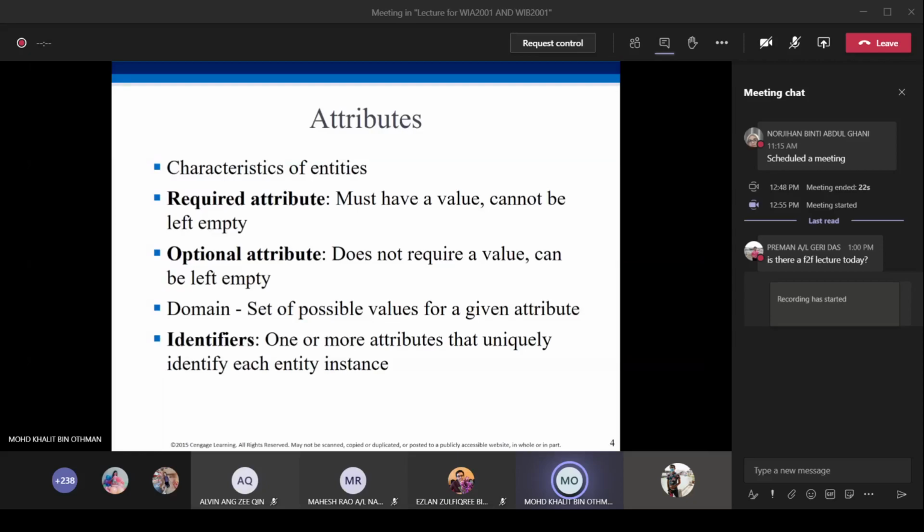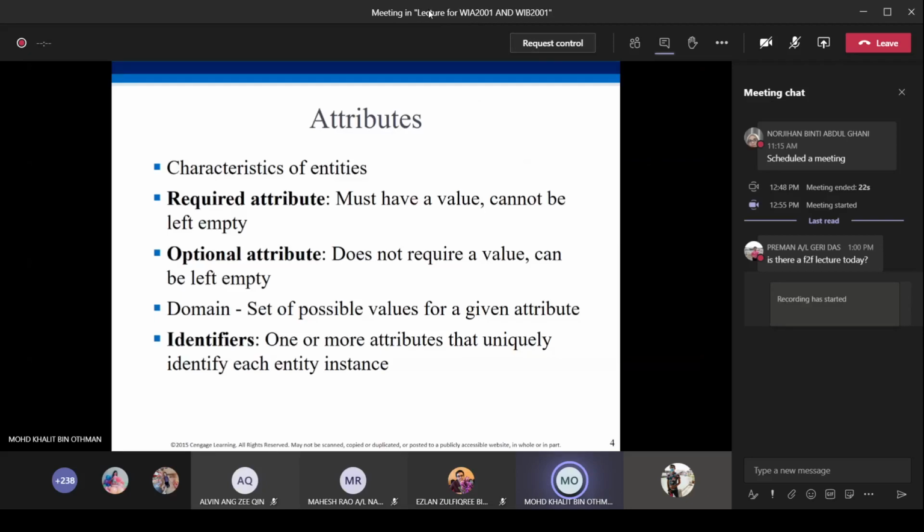For example, the attribute phone number can be an optional attribute for the entity student because a student may not have a phone number. Next, the domain. What is the domain? A domain is a set of possible values for a given attribute, where every attribute must have a domain. For example, the domain for the attribute gender consists of two possibilities, male and female.